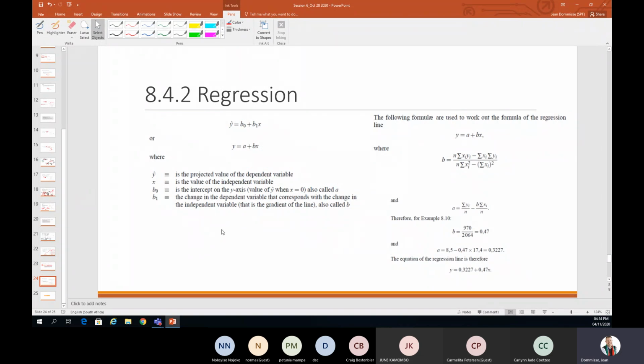Okay, and then basically that is the same as what we had in the previous one, how to calculate the B. So I am not going to do that again. That was more to explain, if you get certain things, how to calculate the regression line.